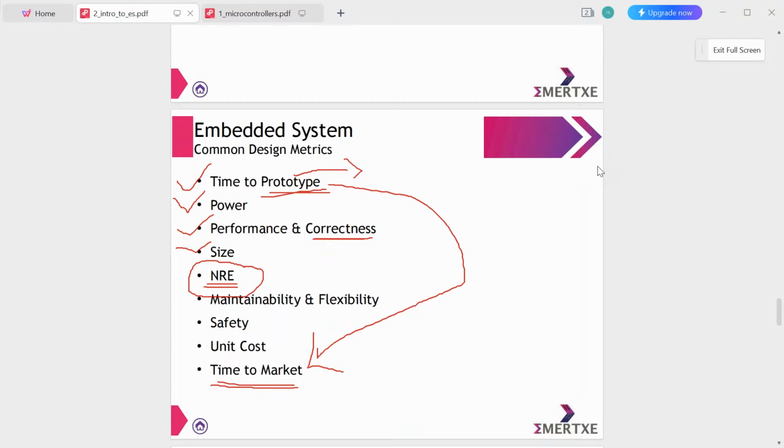Okay. The next point is maintainability and flexibility. So make sure your product is easy to maintain.